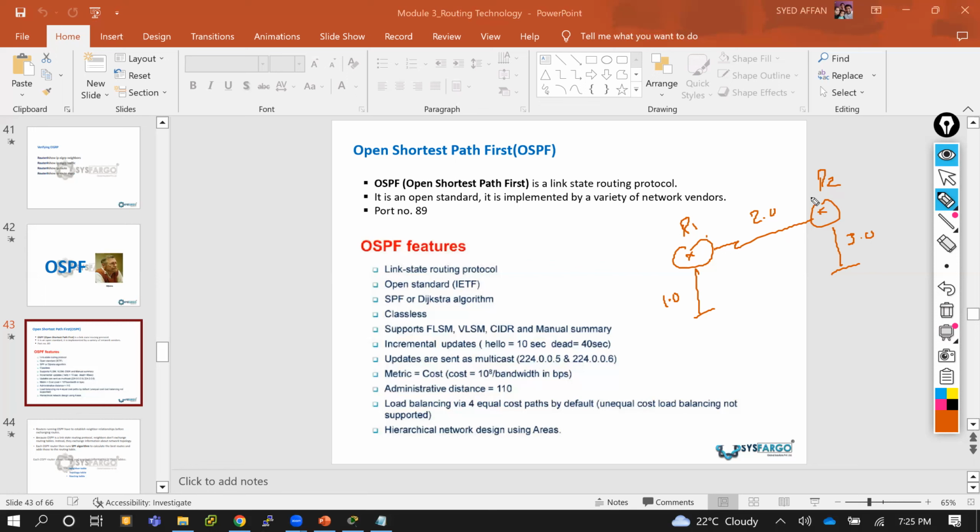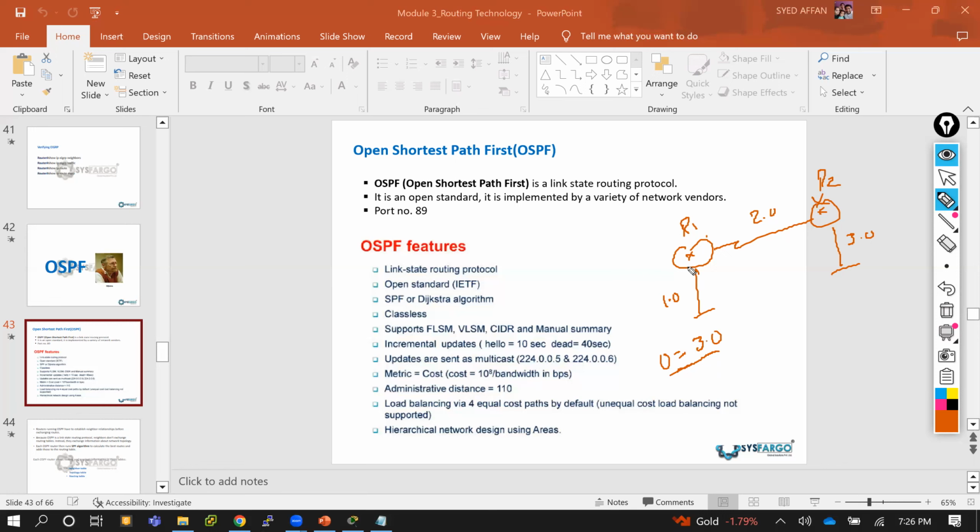After some time, if router 2 goes down, what happens? I already got the 3.0 network information through the OSPF protocol. In router 1's routing table, it knows the 3.0 network. How did we get it? From router 2. Now after some time router 2 is down, but someone is trying to communicate to the 3.0 network.